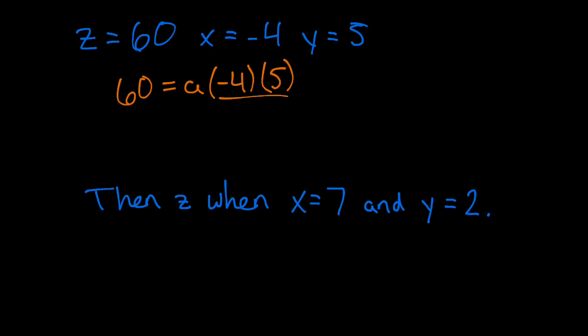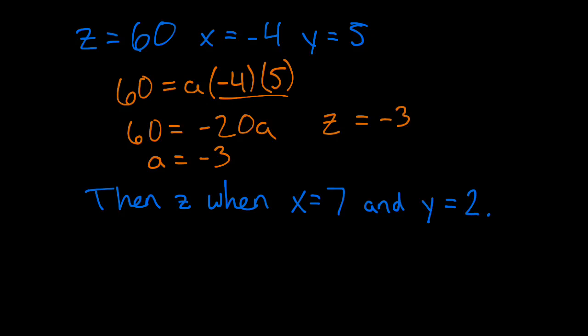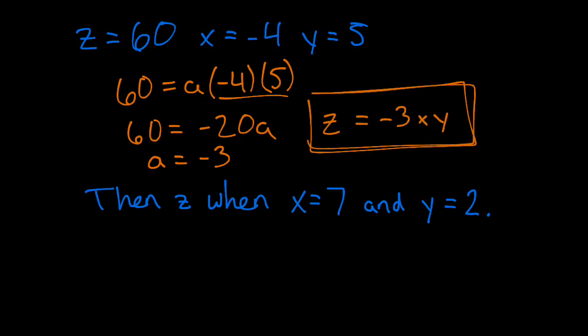Negative 4 times 5, that's a negative 20, so negative 20a is equal to 60. Divide by that negative 20, and we will get a negative 3 for a. So our equation relating z, x, and y is z equals negative 3xy. Okay, make sure to give me that equation.